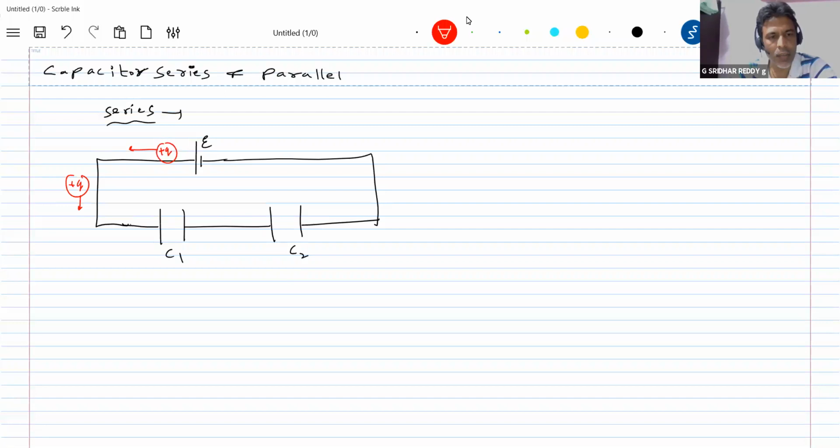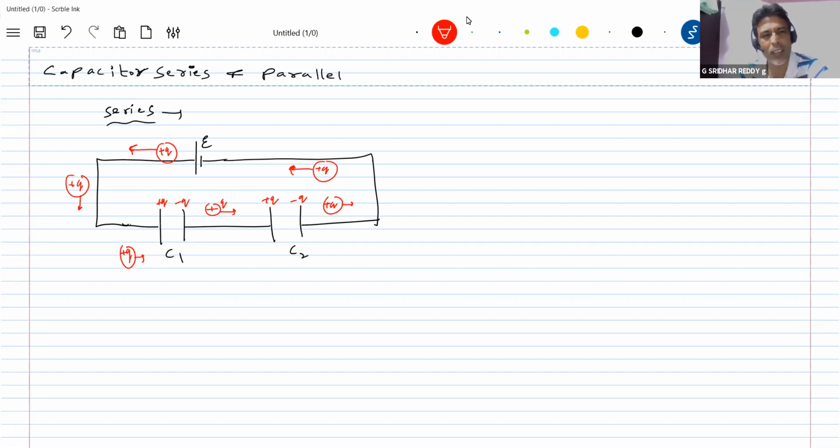See, it's all about how you have to trace out the charge. The charge will come and deposit here, plus Q, minus Q. Again, the positive charge from here will leave, and it will come and deposit here, minus Q. So like this will happen the flow of charge.